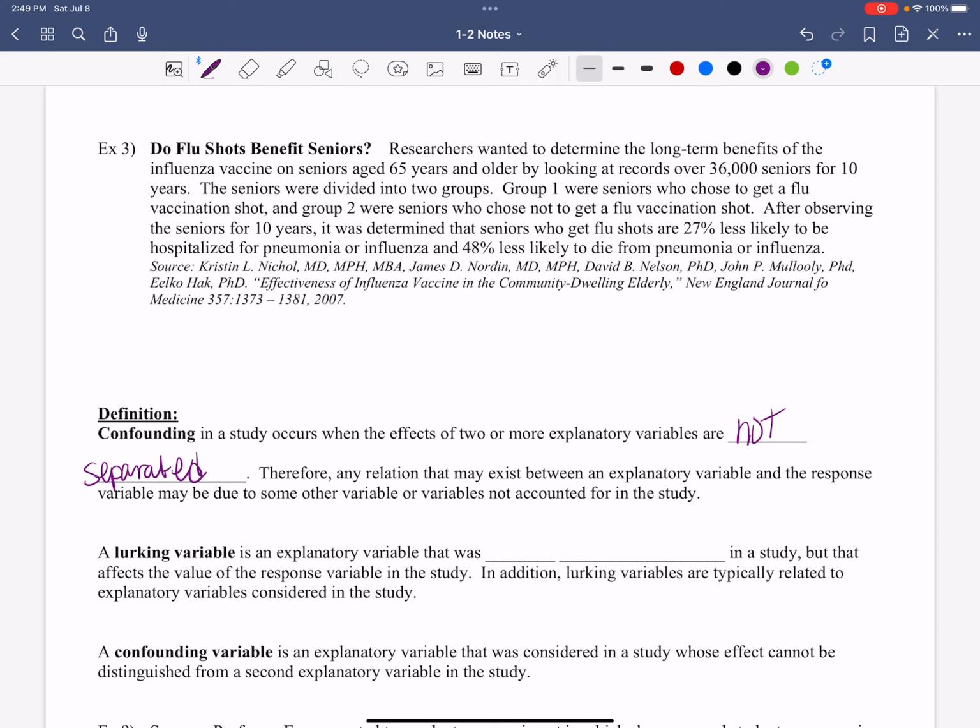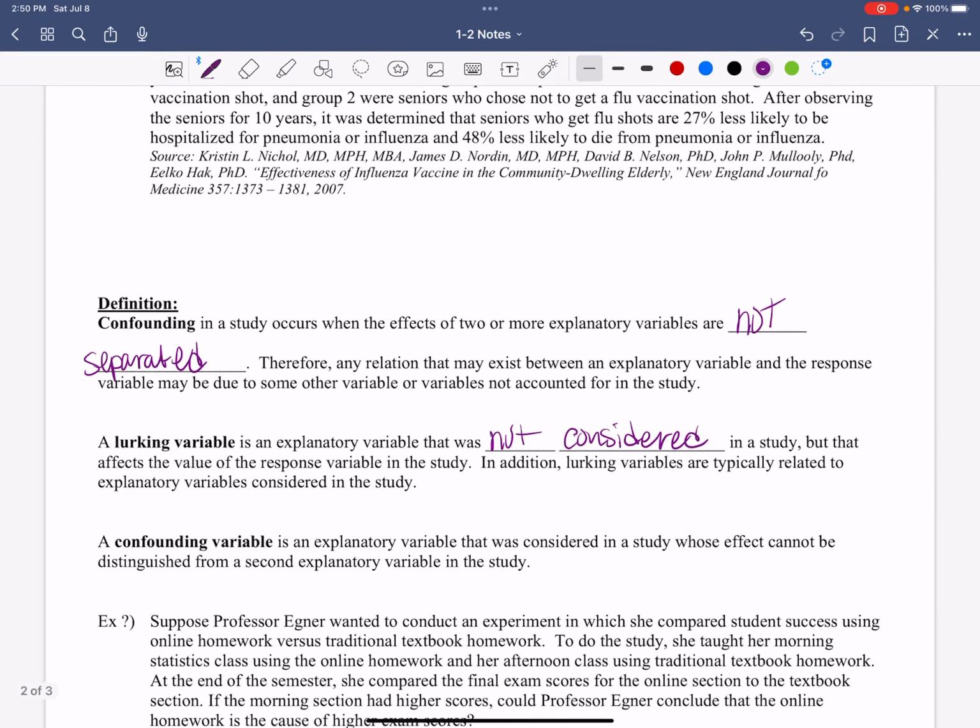And with our confounding, you can have what's called a lurking variable. So a lurking variable is an explanatory variable that was not considered in a study, but that affects the value of the response variable. So in addition, lurking variables are typically related to the explanatory variables considered. All right?